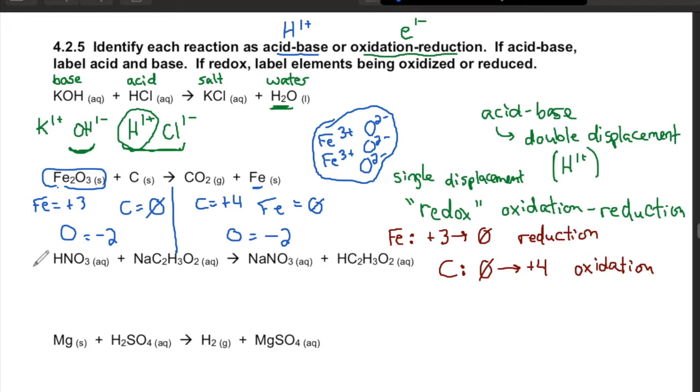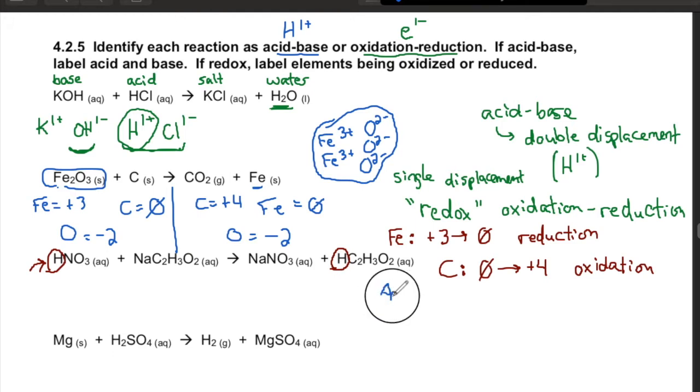Okay, so over here, this chemical reaction is a double displacement. We have two compounds swapping partners and going to two different compounds. One of the partners getting swapped is a hydrogen ion, so we definitely have an acid-base reaction.